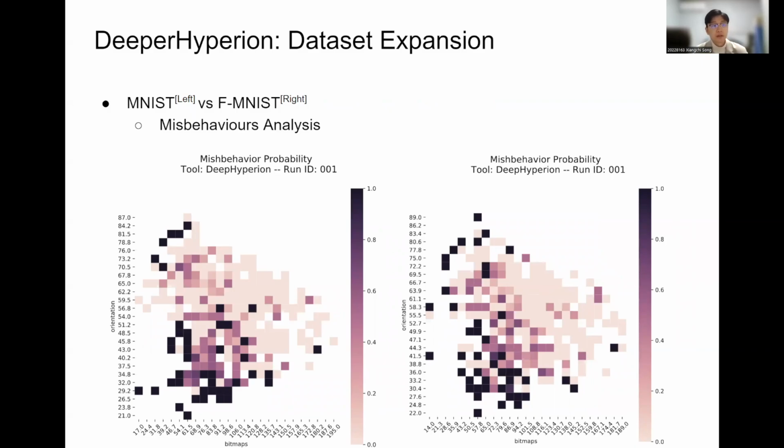The MNIST model shows a tighter clustering of the misbehaviors with fewer high-possibility outliers, suggesting a more consistent performance across the feature combinations, but still with specific areas of vulnerability.